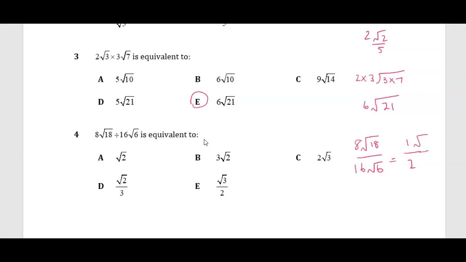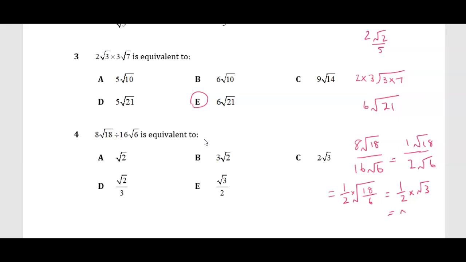And let's just do each part separately for now. So I've got a half, and then I can separate these numbers from the surd because I need to do this division here. So I've got also, and there's kind of like an imaginary multiply sign in there. 18 over 6. So 18 divided by 6 is 3. So it's a half times root 3.